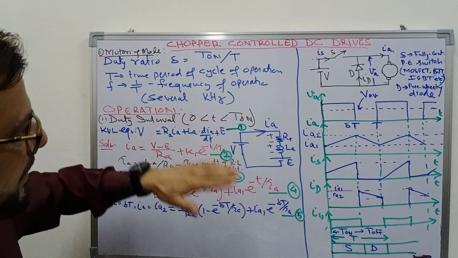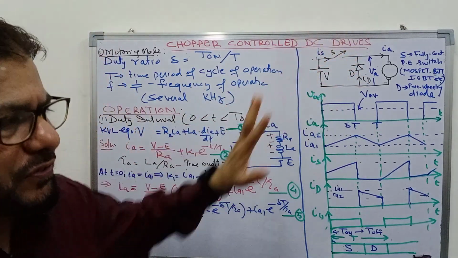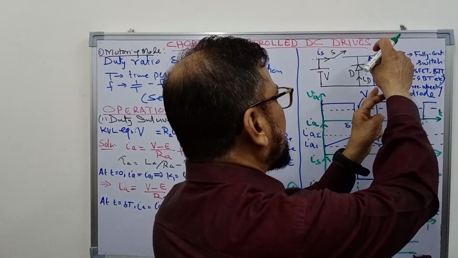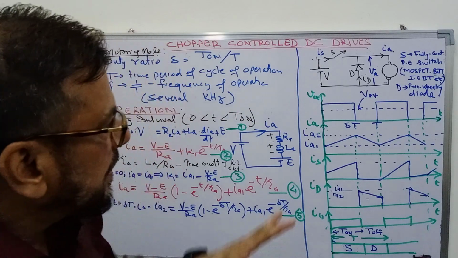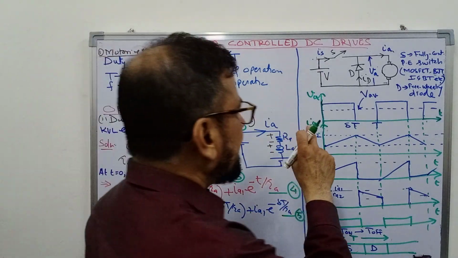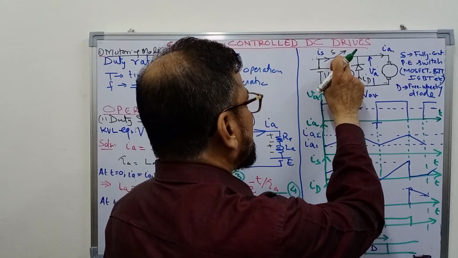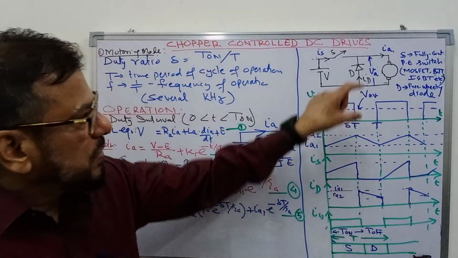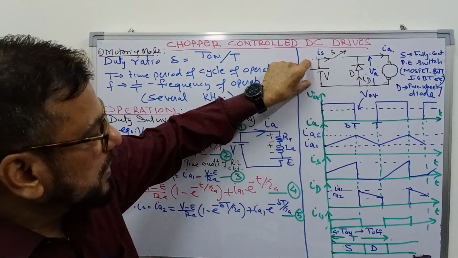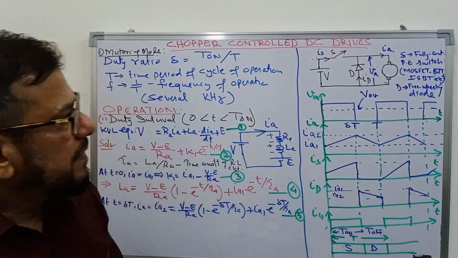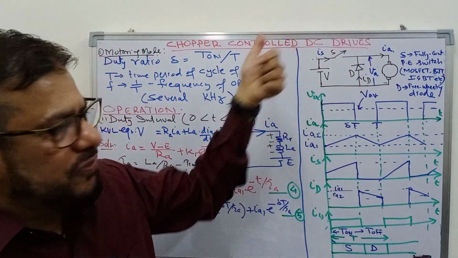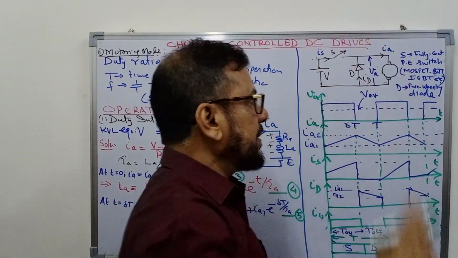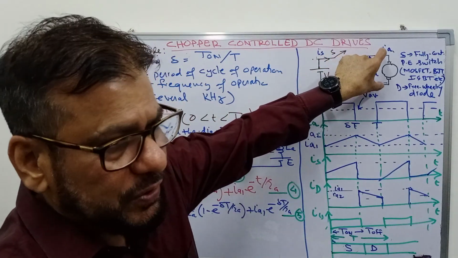So the switch is operated at a very high frequency, some kilohertz, and of course the voltage that appears here will vary. Briefly you can understand that when we give the signal, the switch turns on, the voltage is connected across the motor, and the source voltage appears across the armature, and when the switch is turned off, then current flows through the freewheeling diode, and the voltage across the motor becomes equal to 0.